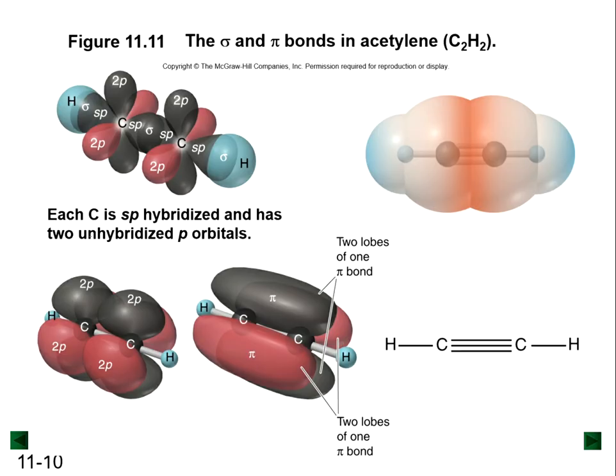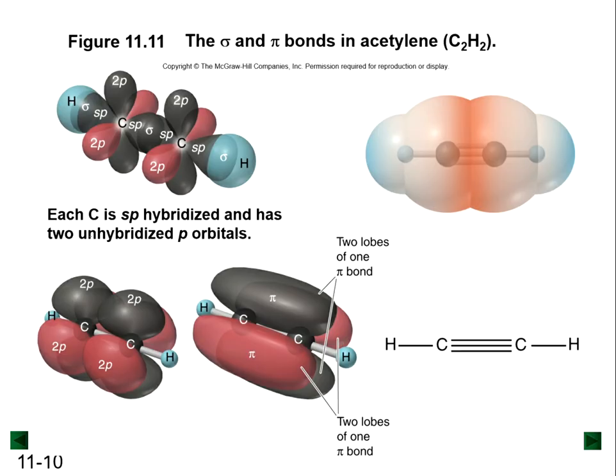The sp orbitals are half-filled for each carbon atom, and one of those half-filled orbitals will interact with the hydrogen atom, 1s orbital, to form a sigma bond, and the other sp orbital will interact with the other carbon atom, end-on, to form the single bond. So in this triple bond, there's 1 sigma bond, and then there are 2 pi bonds.